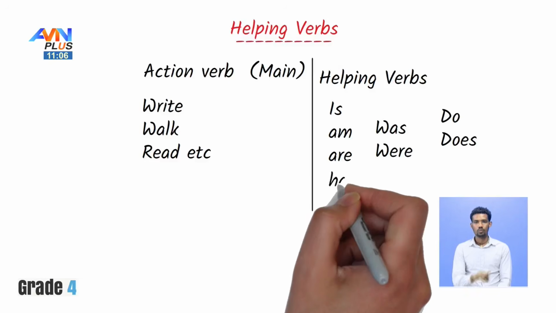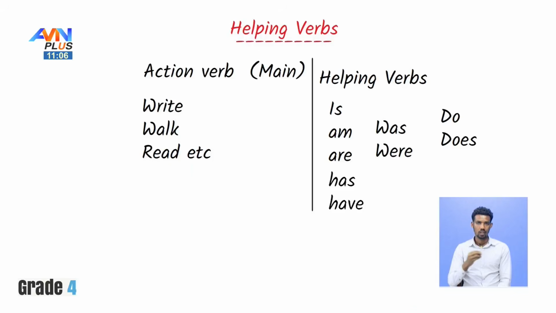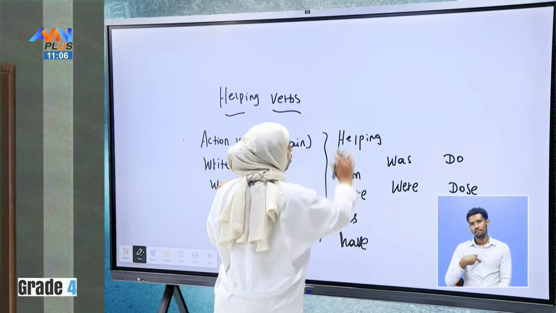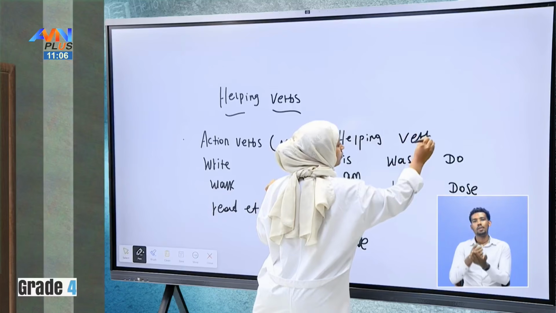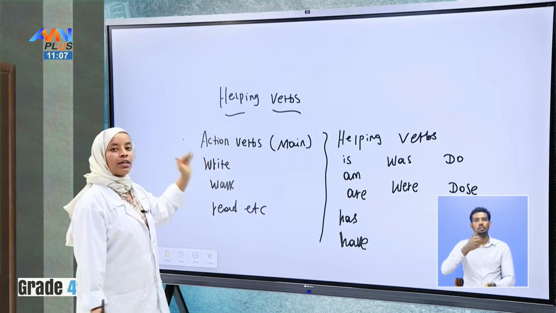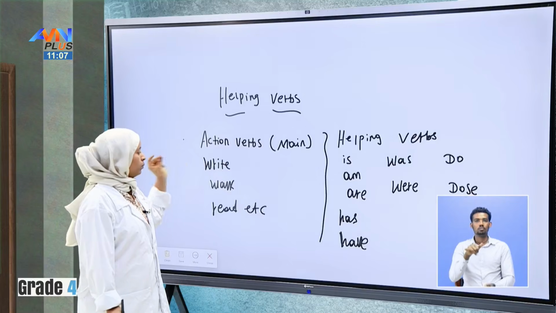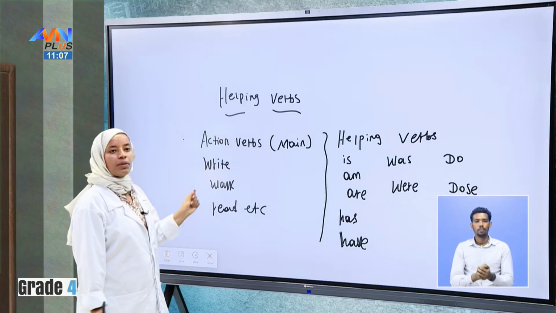And also here, has and have. These all are helping verbs that help the main verbs, like action verbs, like write, walk, and read.